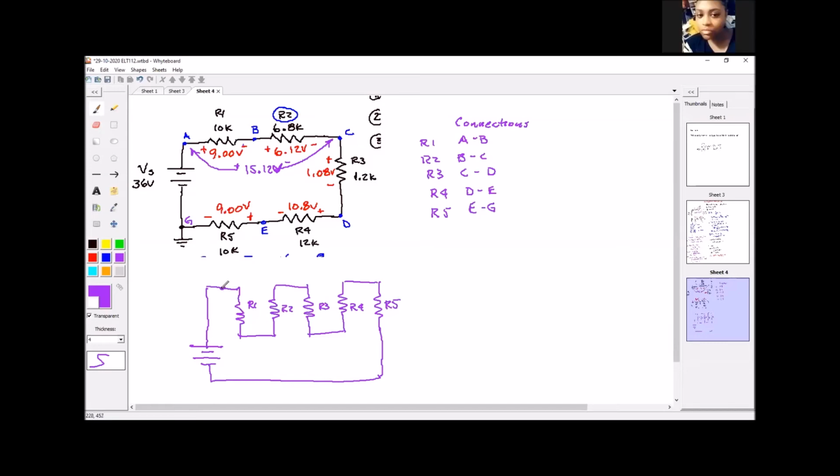This would be A, this would be B, C, D, E, and ground.